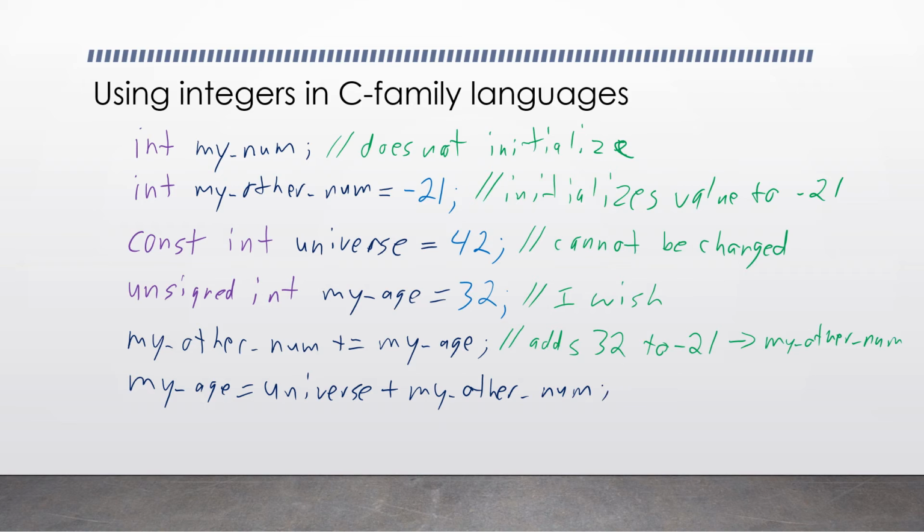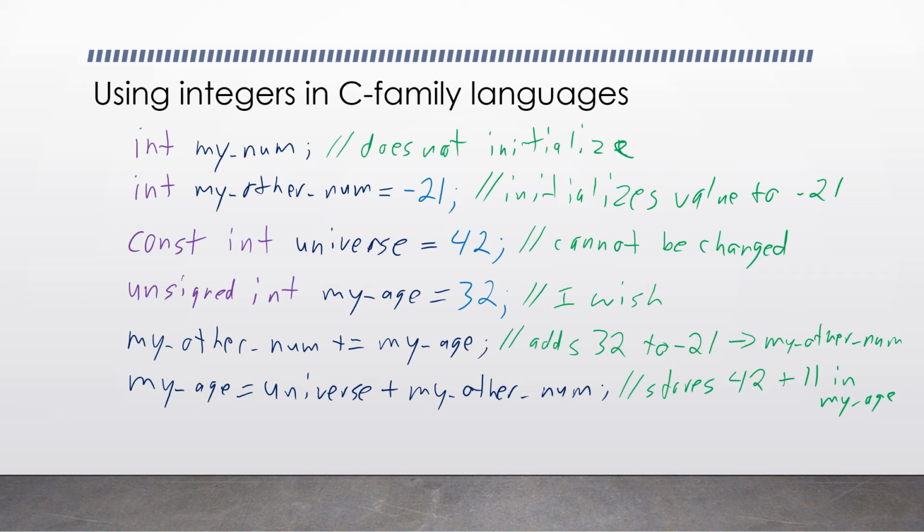And that does exactly what you think. It stores 42 plus whatever this calculation ends up being. 32 minus 21 is 11. Stores that result in my age.